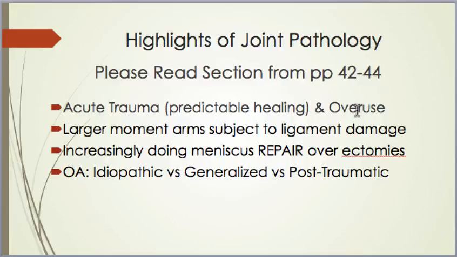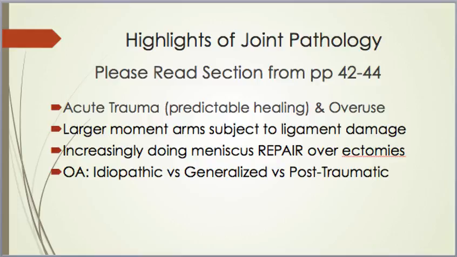Overuse is a little bit different, right? So we don't necessarily have a blowout ligament tear or muscle tear, but overuse can result in ischemia or mild inflammation, and those are going to be treated a little bit different. They're not going to go through the exact same process. Longer moment arms are subject to ligament damage, and that makes sense, right?